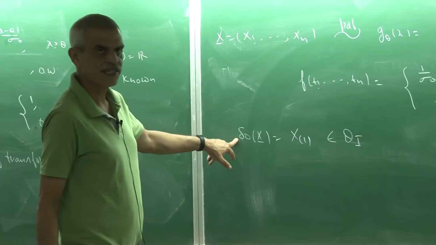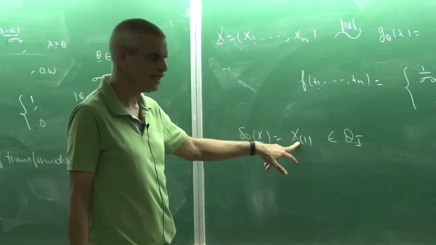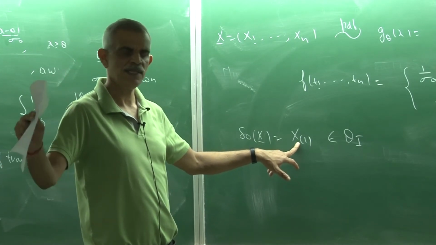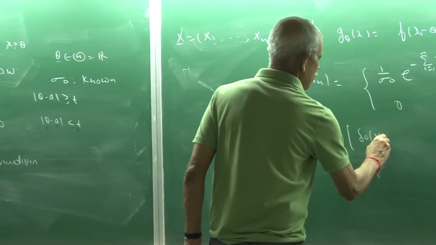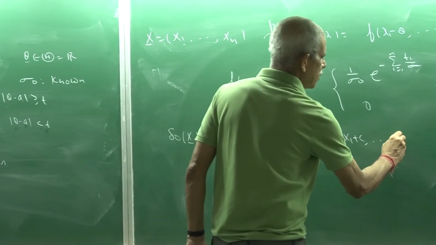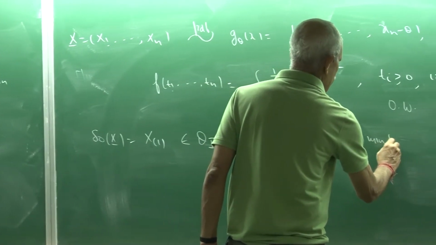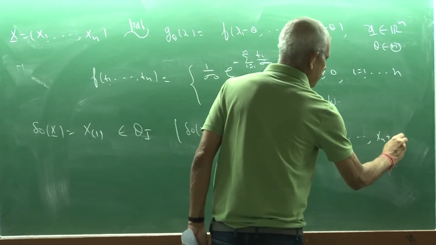Because delta naught of x1 plus c, ..., xn plus c would be nothing but the minimum of x1 plus c, ..., xn plus c.